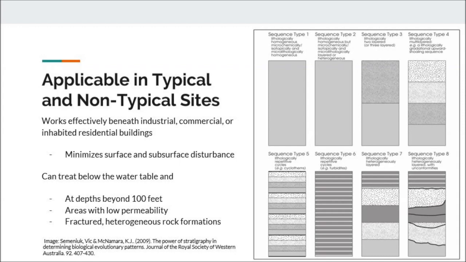It has also been able to treat in areas with low permeability. This could include things such as bay muds or tight clays. It can also treat fractured, heterogeneous rock formations. So as you can see in the figure that's attached here, we're looking at sequence type 7 or sequence type 8.